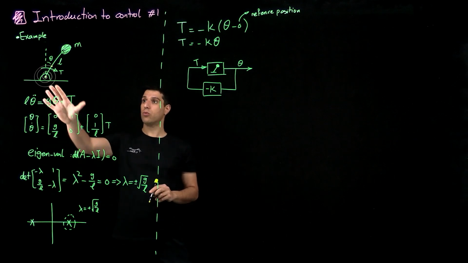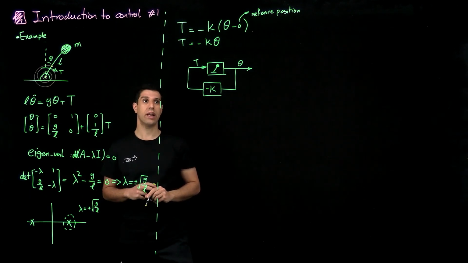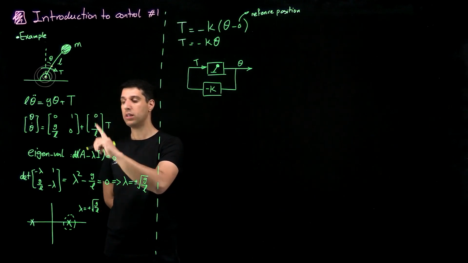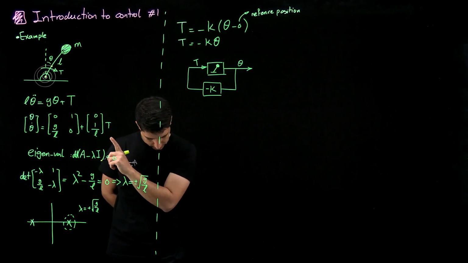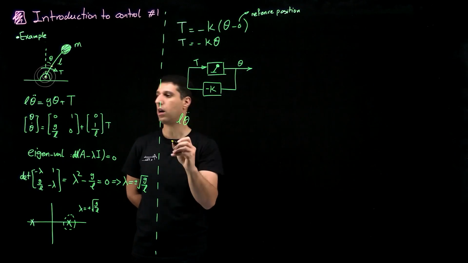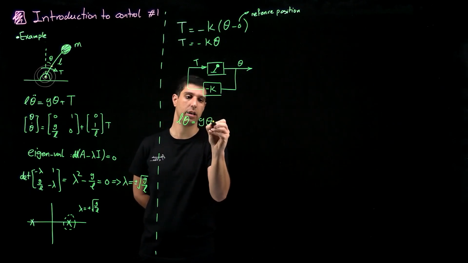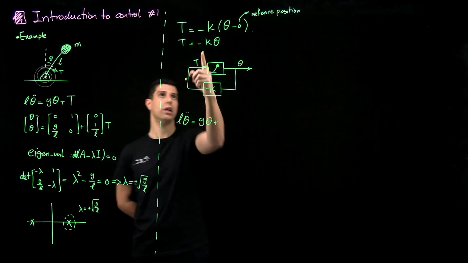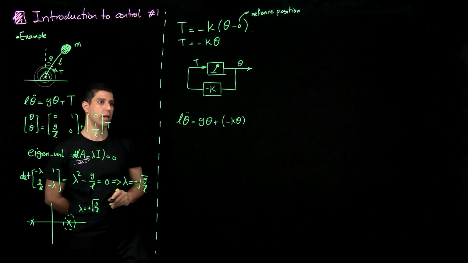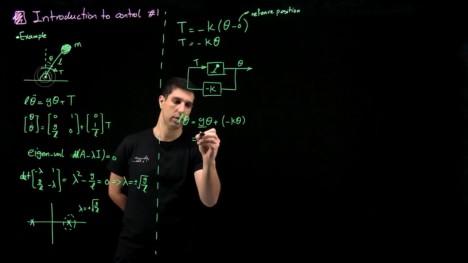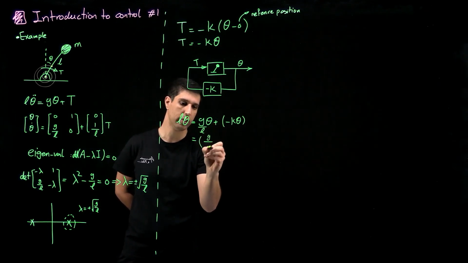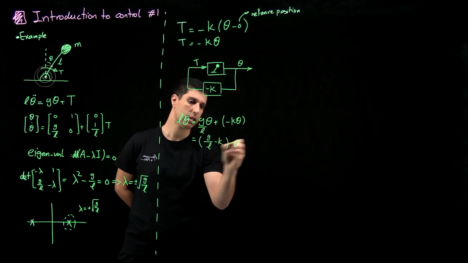Now let's see mathematically what the dynamics of the new system look like. So starting from here, I have L theta double dot equals G theta plus, now my torque is minus K theta, so I can factor out theta: G over L minus K times theta.